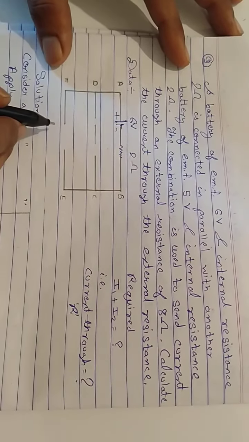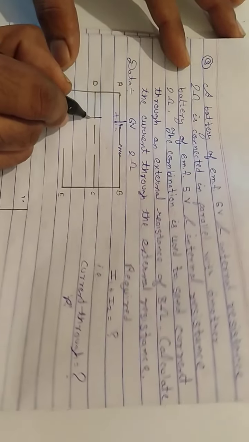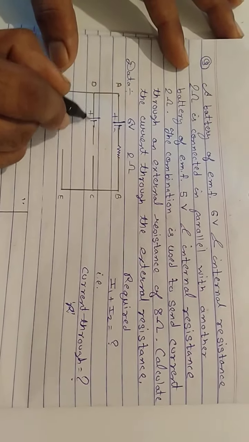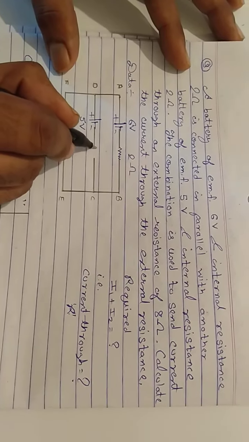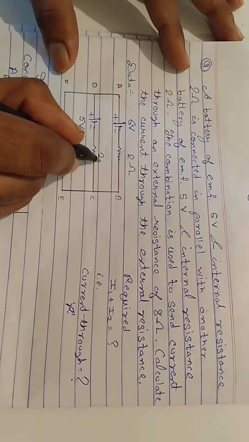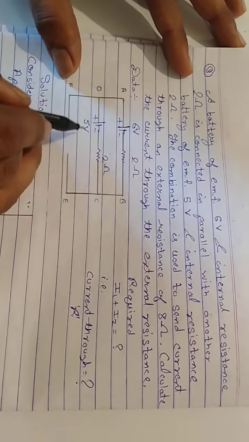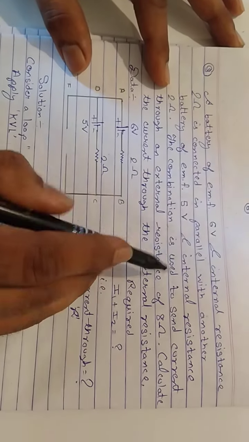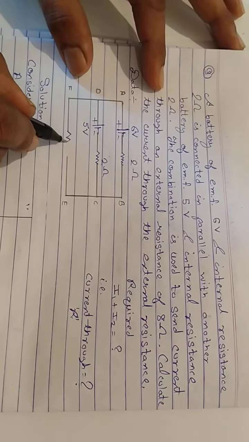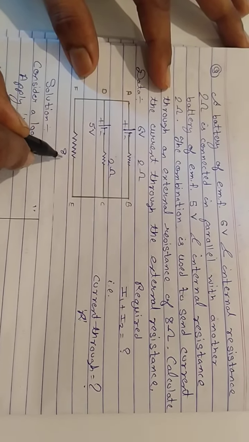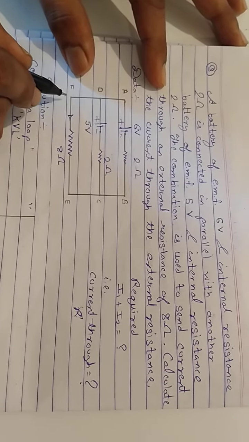It is connected in parallel with another battery of EMF 5 volt, and internal resistance is 2 ohm. The combination of both the parallel branches is connected to an external resistance of 8 ohm. And the question is, what is the current flowing through the 8 ohm?